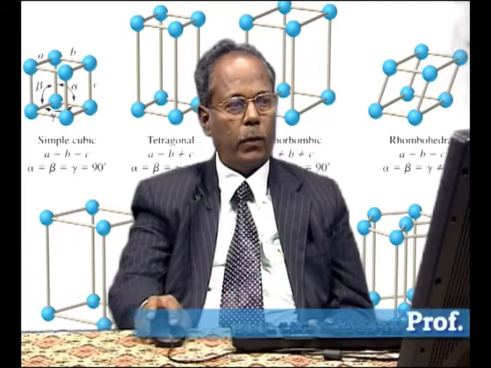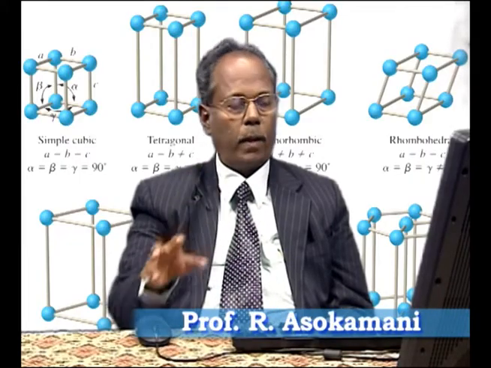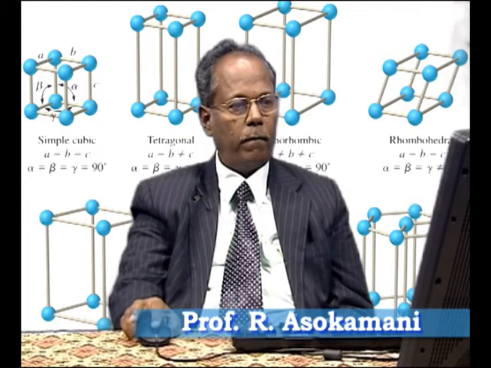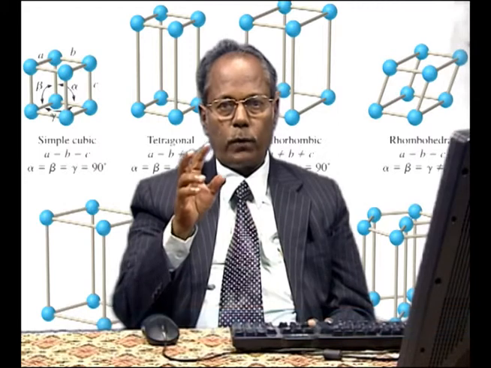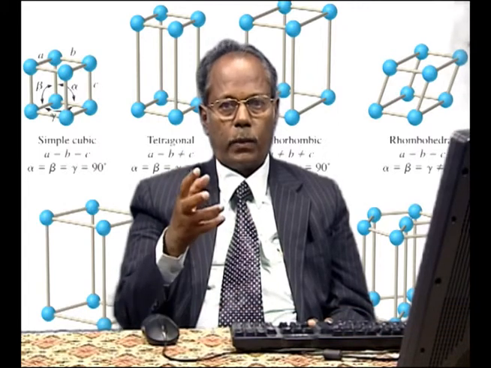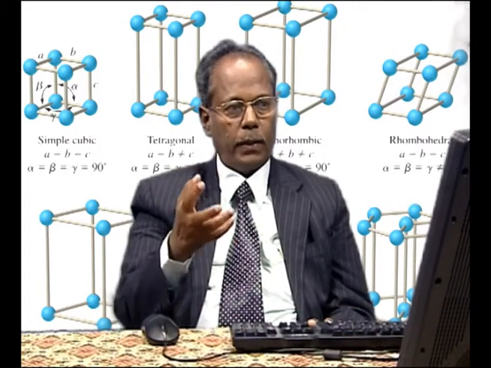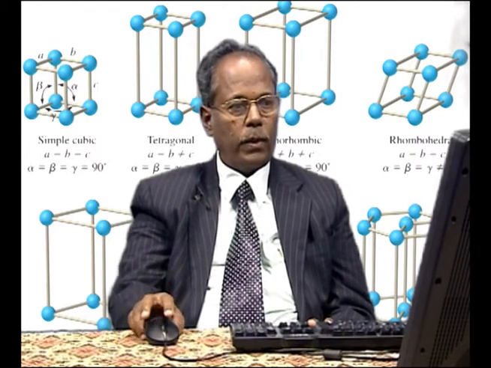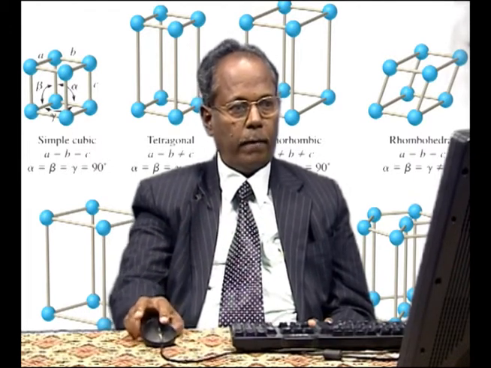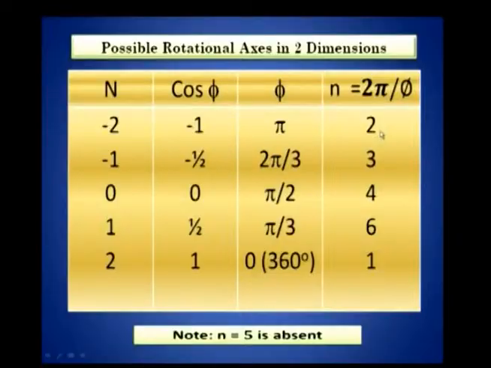Now, from the simple mathematics that we had, in a 2-dimensional lattice, n will have values like this. We were looking at a 2-dimensional lattice, and we saw that the fullness of rotation that you can have in a 2-dimensional lattice, n, is given by 2 pi by phi. You have the phi values given here.